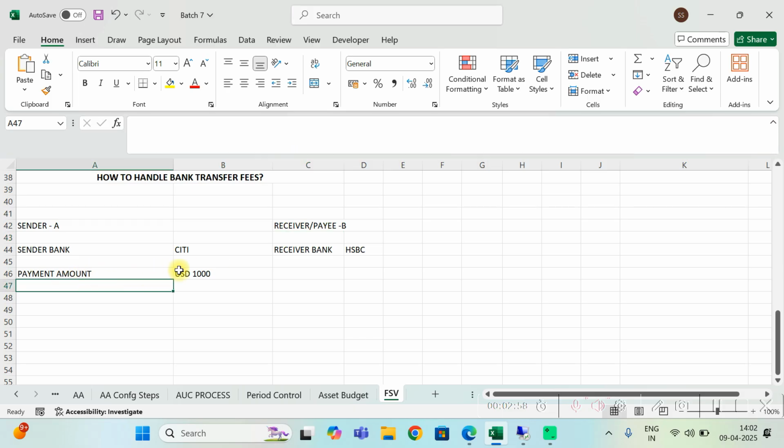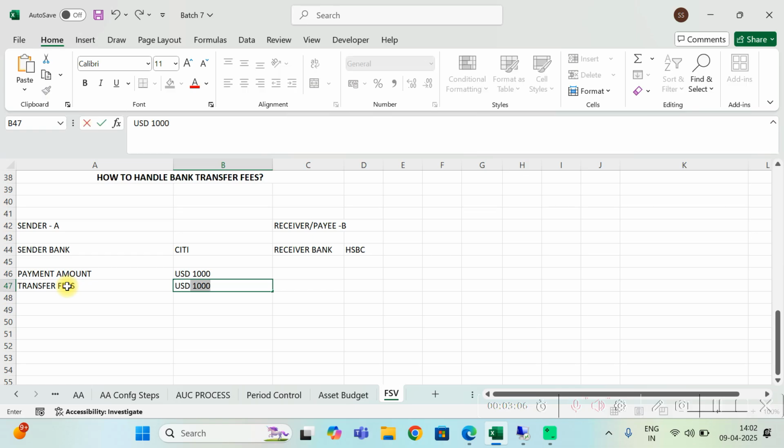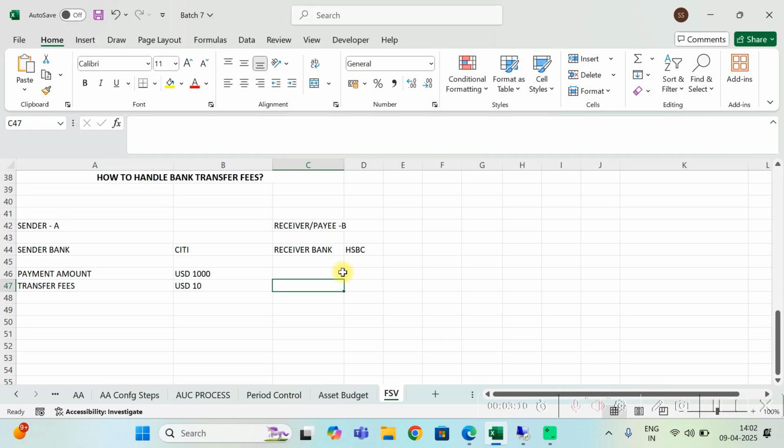So if the payment amount is 1,000 and the transfer fee is USD $10, then the receiver will receive only USD $990, because $10 will be deducted.